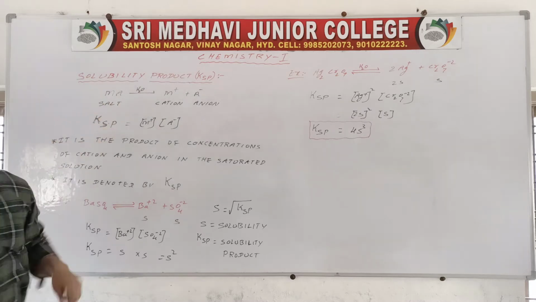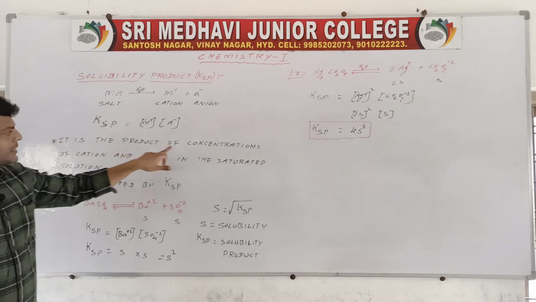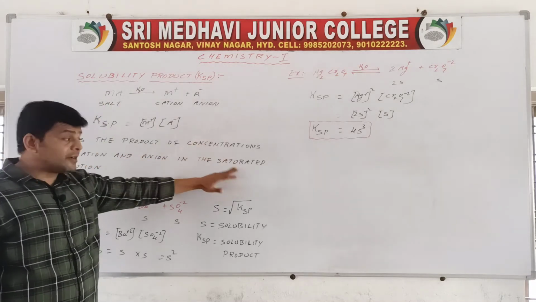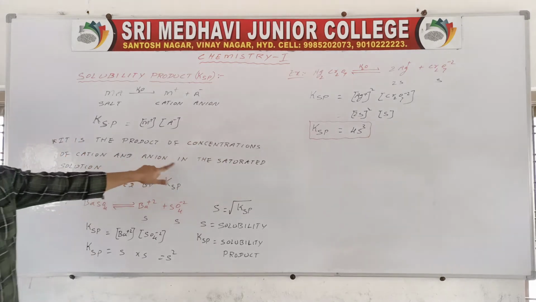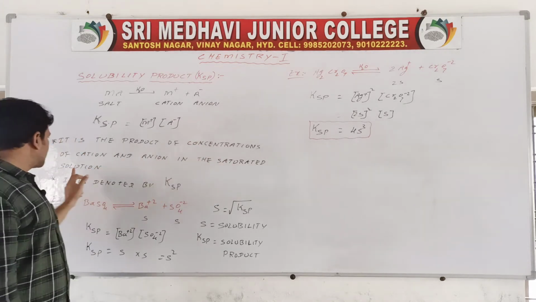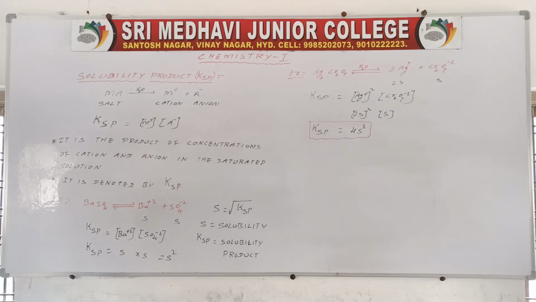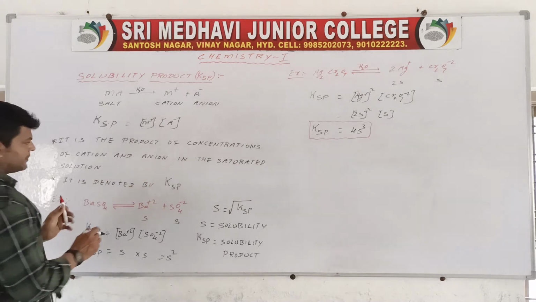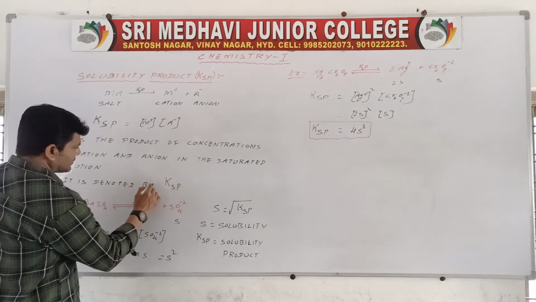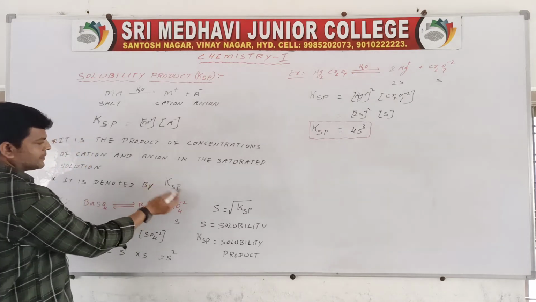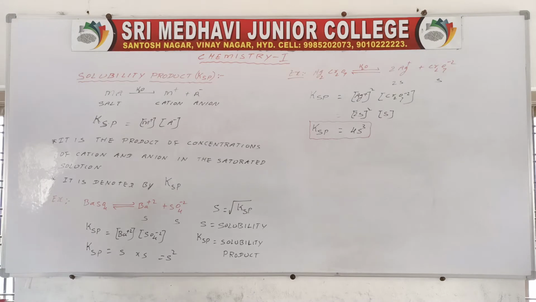What does solubility product mean? It is the product of concentrations of cation and anion in the saturated solution. It is denoted by KSP.